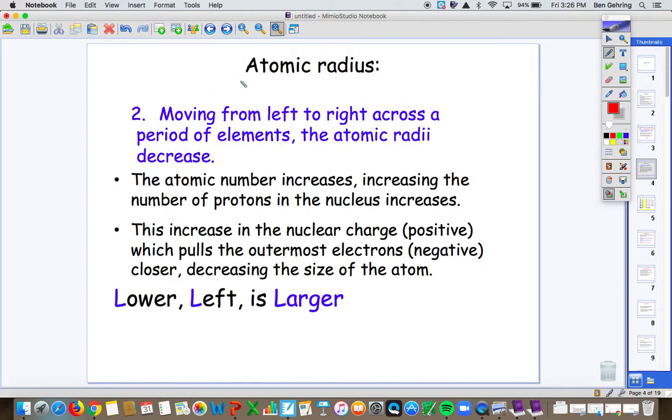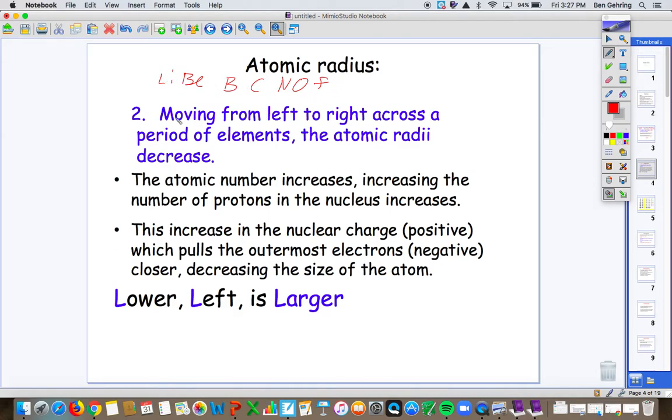As you go from left to right on the periodic table, your atomic radius actually gets smaller. So if we look at period 2, we have lithium, beryllium, boron, carbon, nitrogen, oxygen, fluorine, and we leave off the noble gases because they do their own thing.